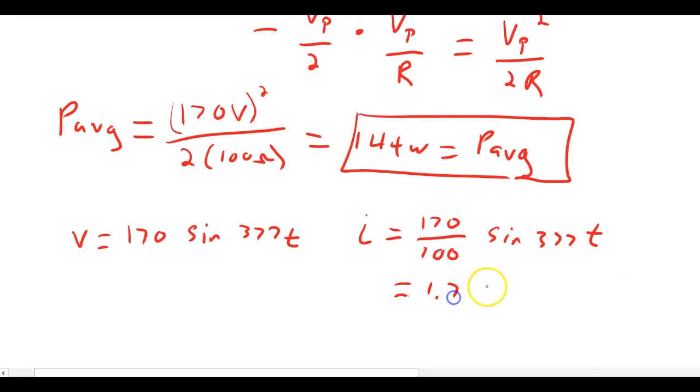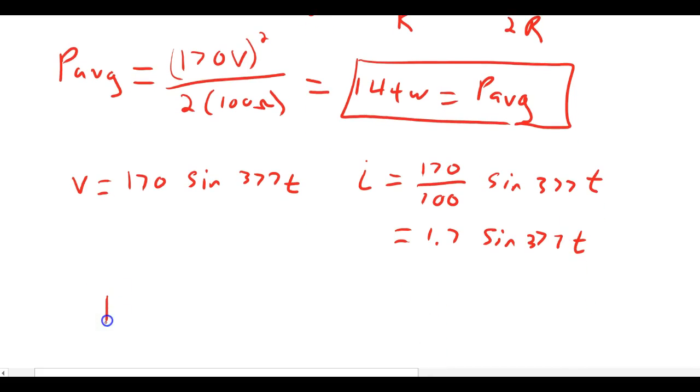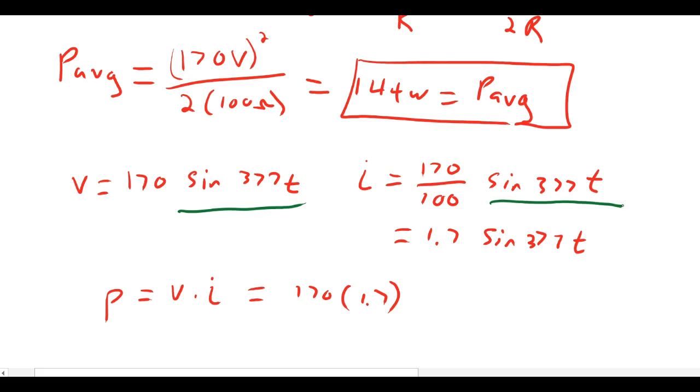then the power in the resistor as a waveform would be V times I, or 170 times 1.7, and if I multiply the sine 377t by sine 377t, then I get sine squared 377t.